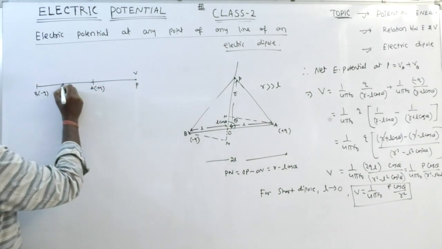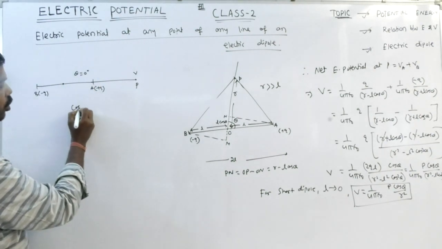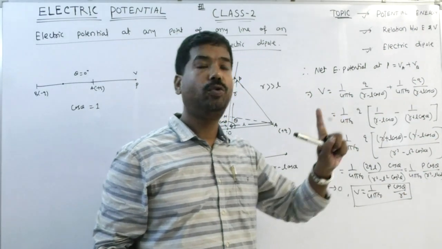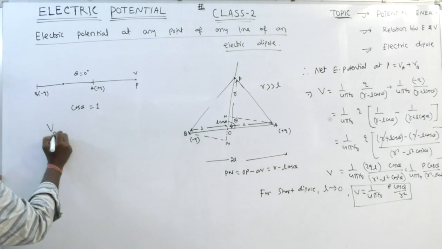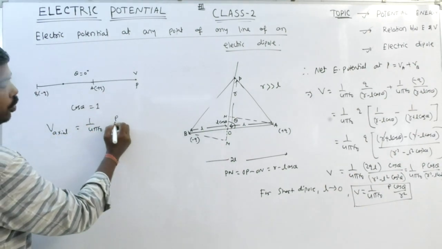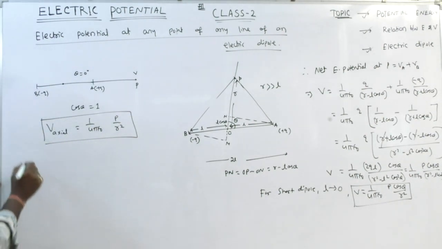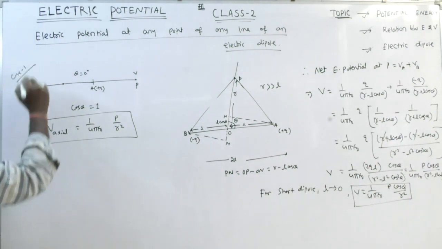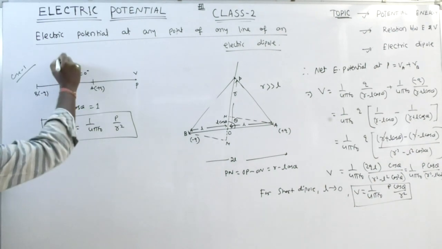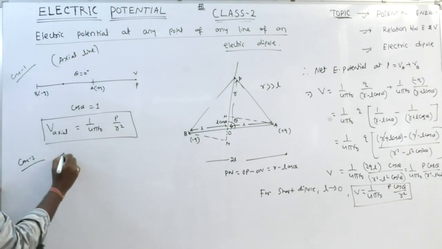So that line is parallel, theta is equal to 0 degree. Theta 0 degree means cos theta is how much? Cos theta is 1. So V axial is 1 by 4 pi epsilon 0 p by r square. Clear? This is for the axial line.